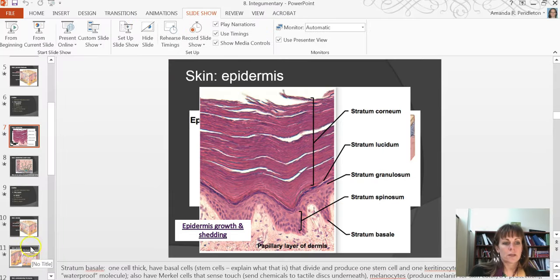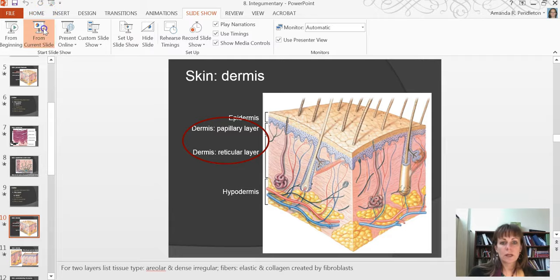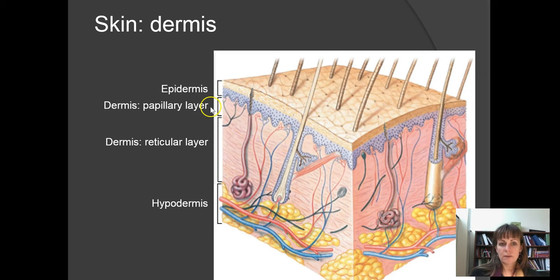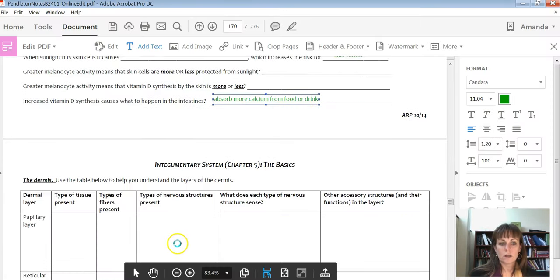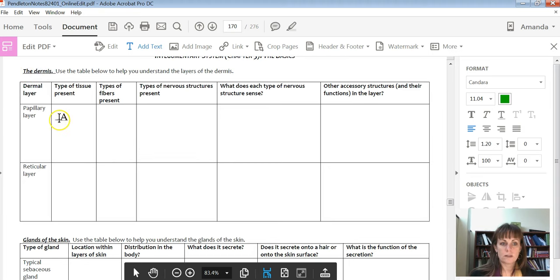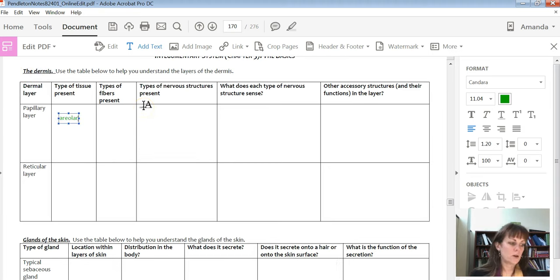Okay. So what we want to do is look at these two layers in depth. So first we have the papillary layer, which is on top. It's going to be running close to these dermal papillae. And then underneath, which is the larger layer, is going to be the reticular layer. Now, we already learned in our connective tissue lectures what these tissue types are. So the papillary layer has areolar tissue.